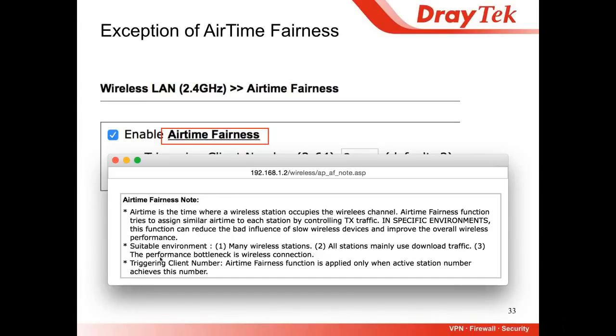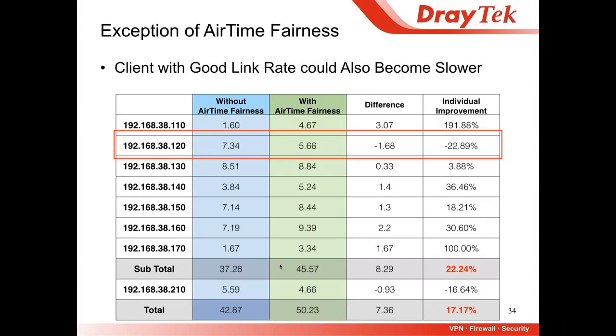Also, the performance bottleneck is the wireless connection. That means if your laptops are really slow, then the airtime fairness cannot help you. If your laptops are fast and you are still experiencing stalls, then the airtime fairness can help you.